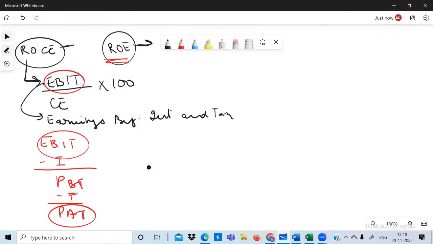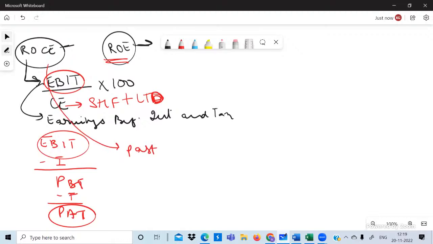So you take your EBIT divided by capital employed, multiply it with 100, you'll get your ROCE. And capital employed is nothing but your shareholders' fund, which is your equity, that's share capital plus reserves and surplus, plus your long-term debt. Again, just like ROE, for ROCE you look at your past performance.